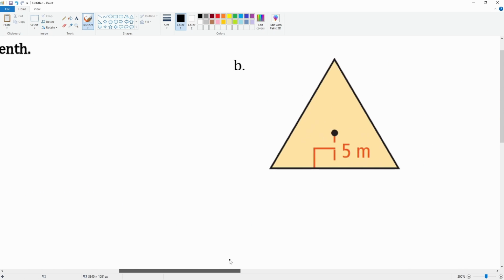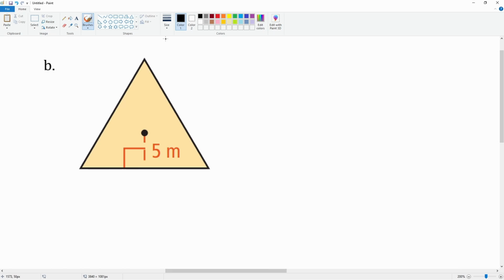Let's do this one. Again, I'm going to start by breaking it up into our triangles. Each part here, because again it's 360 but there's 3 of them, so divided by that, each piece here is 120. So let's draw this.